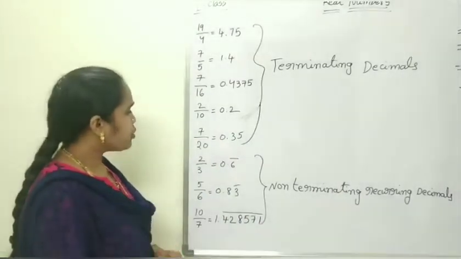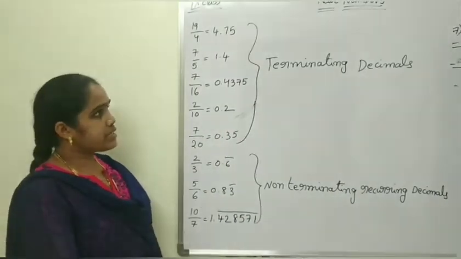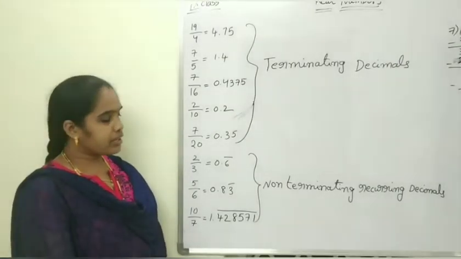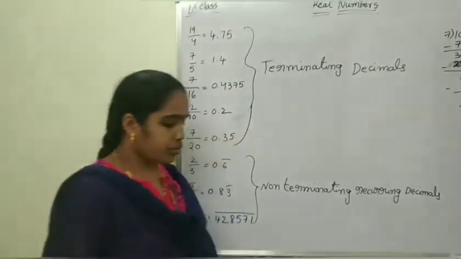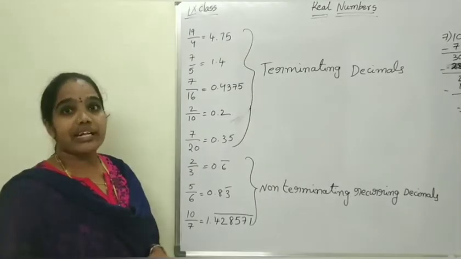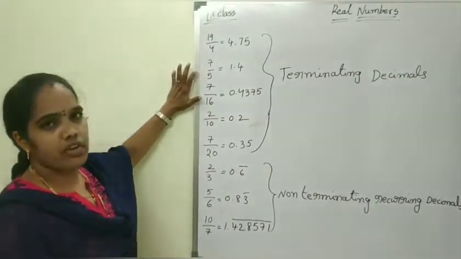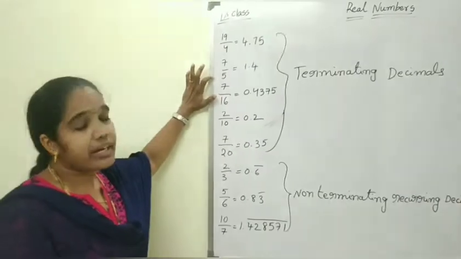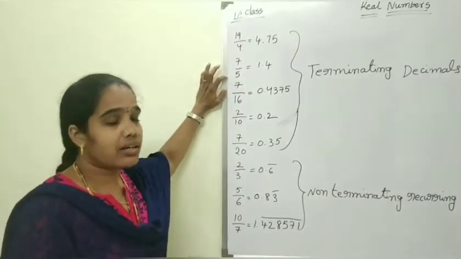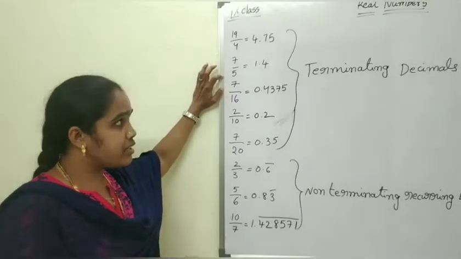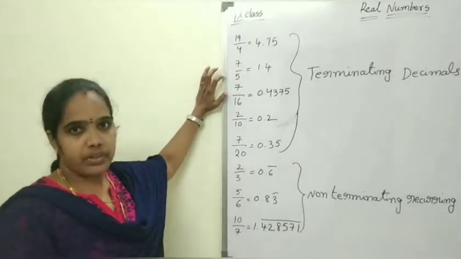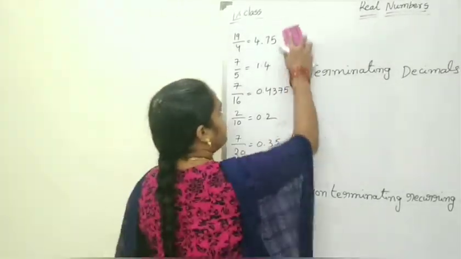So how to identify whether it is terminating or non-terminating recurring? We only have to observe the denominators. Children, observe the denominators carefully. By observing the denominators, we can say whether it is terminating or not.